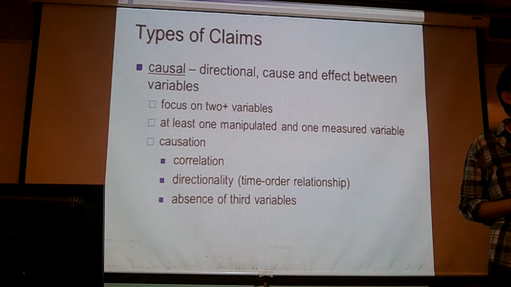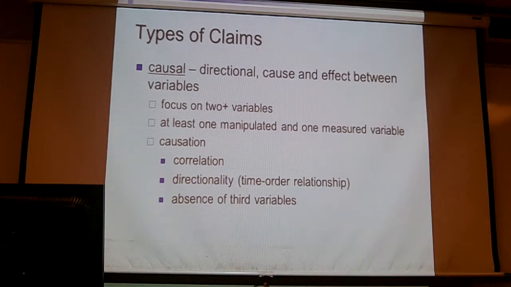Next, you have to have directionality. You have to have a time-order relationship between the changes in the variables. So in the case of an experiment, you set up the independent variable and you assign the subjects to the different conditions in the variable. And that happens first.